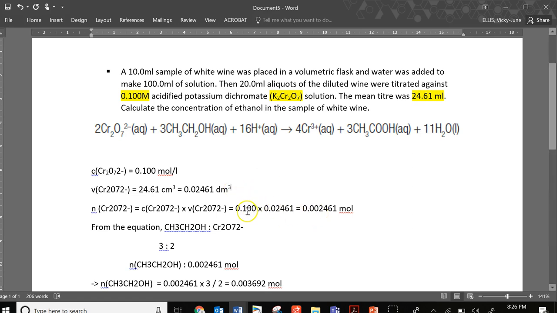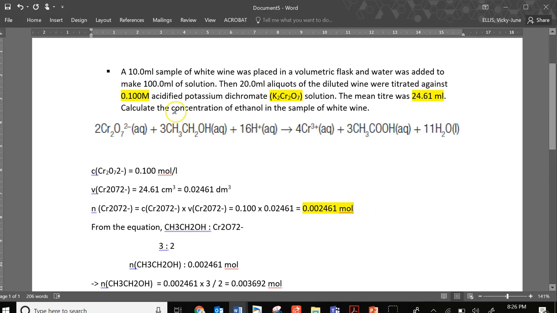Okay, so we have 0.1 times 0.02461, which gives us 0.004261 mole of dichromate. That was what was delivered from the burette.